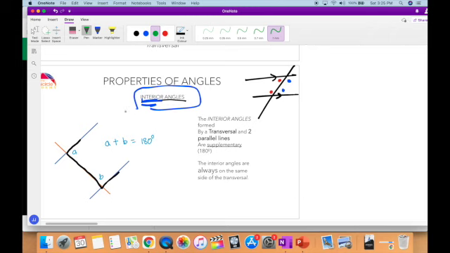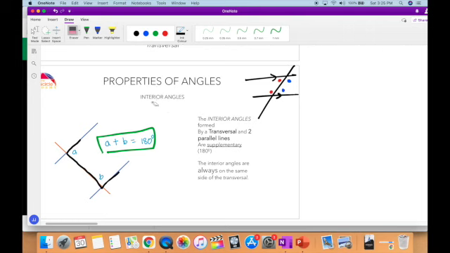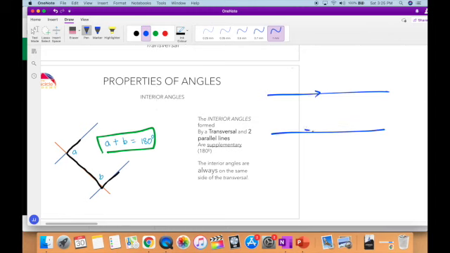Interior angles add up to 180 degrees. Why? Because if I had this and the transversal cut in here, we know that this and this are corresponding, so they would be the same, right? But then this plus this would give me 180 degrees. The red plus the green would give me 180 degrees.